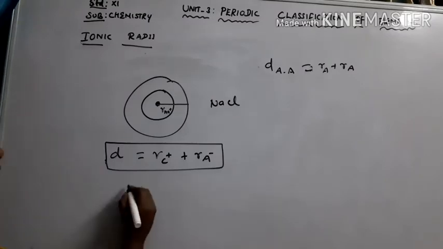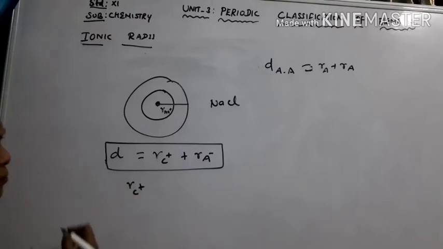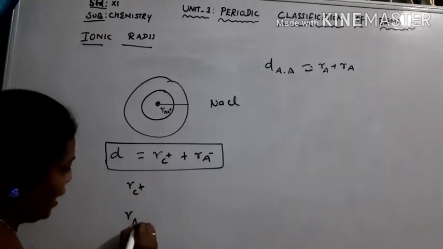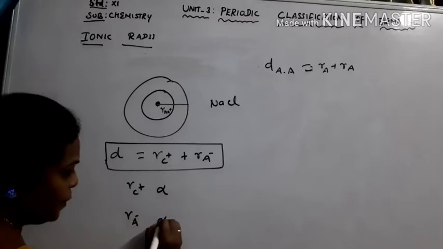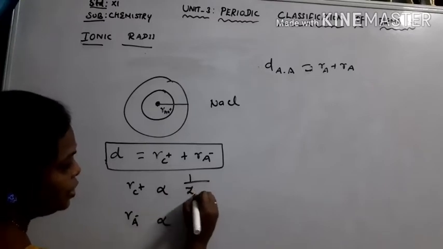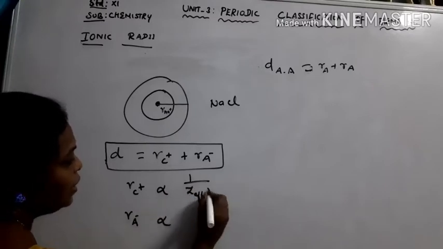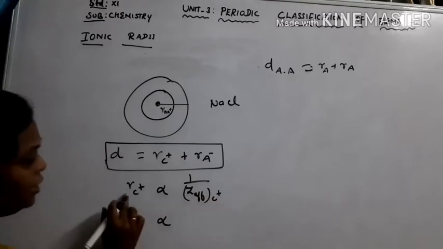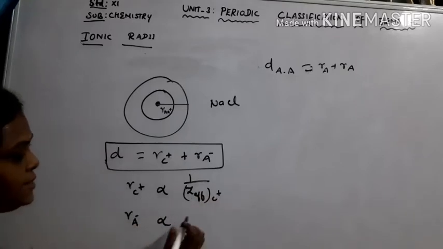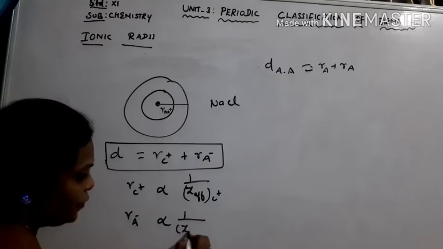That means the radius of cation or the radius of anion is inversely proportional to the effective nuclear charge. The radius of cation is inversely proportional to the effective nuclear charge of the cation. Here the radius of anion is inversely proportional to the effective nuclear charge of the anion.